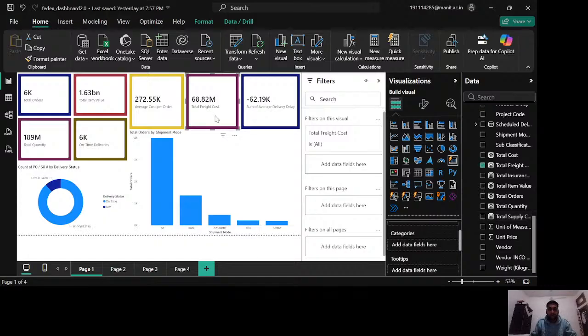The average cost per order is one of the most proficient indicators of what we are getting on average per order.